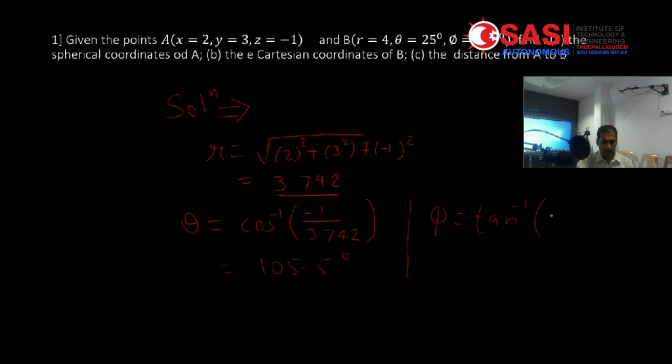So opposite by adjacent side, we have y axis 3 by x axis, that is 2, and this value will be equal to 56.3 degrees. So this is our second angle. So this is answer of part A. We have the spherical coordinates. So next we will see the next part, so here we will erase it.